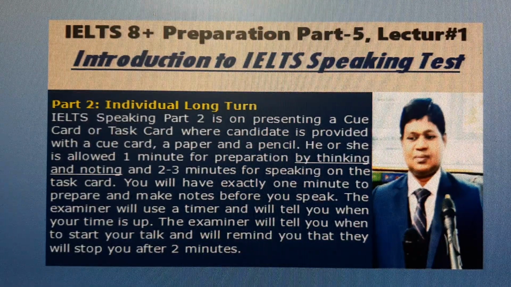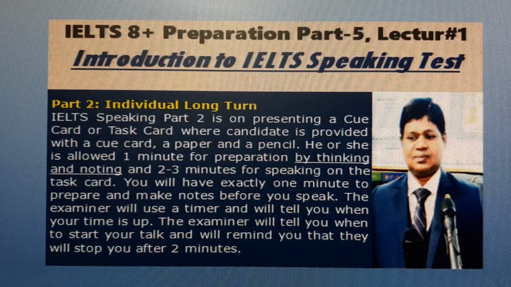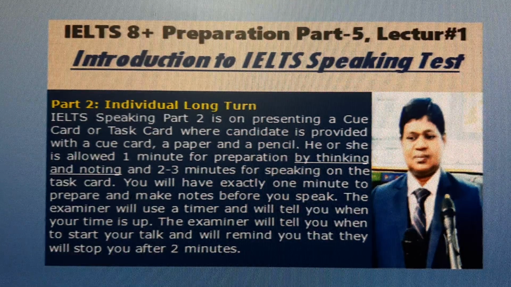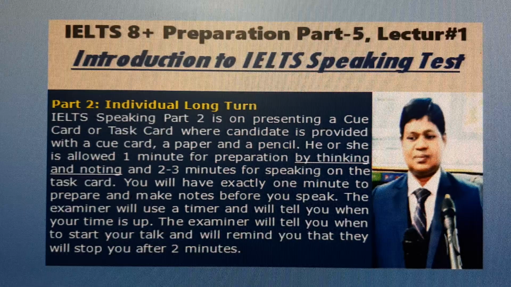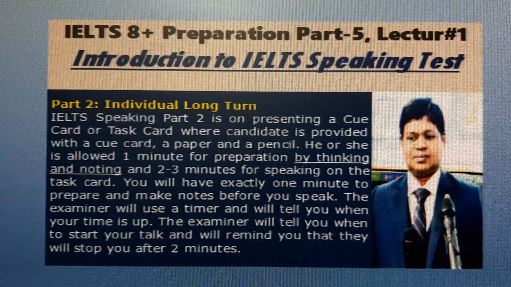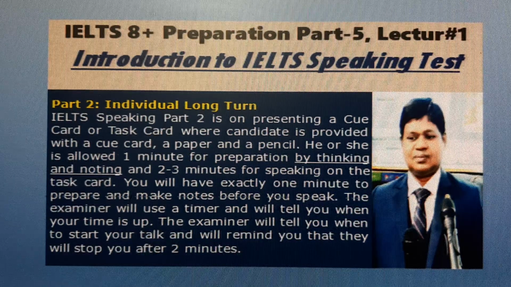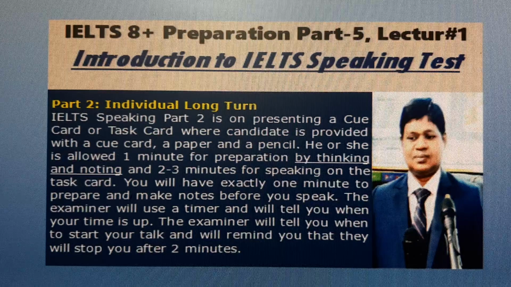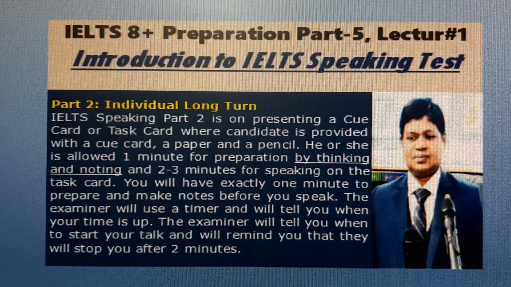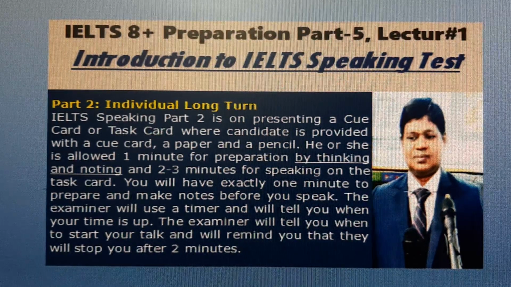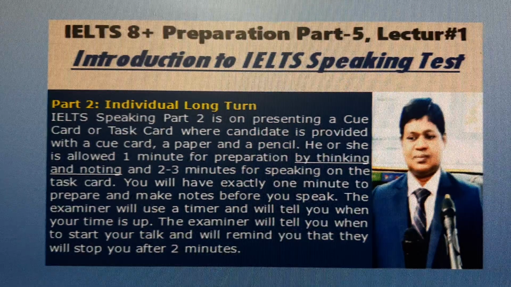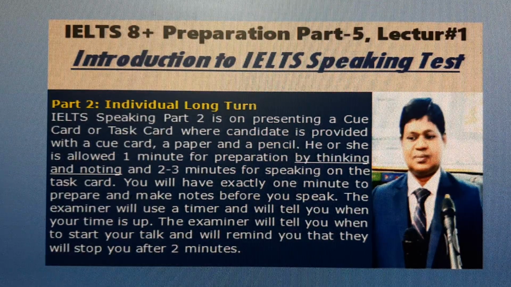Part 2. Individual long-term cue card or task card. Nature of interaction in Part 2. In Part 2, you will be given a task card which asks you to speak about a particular topic and includes points that you can cover in your talk. You will be given 1 minute to prepare your talk.